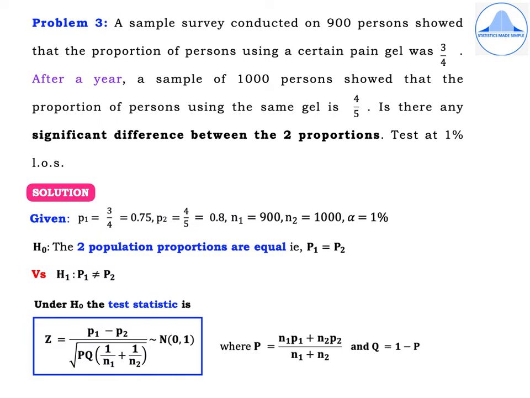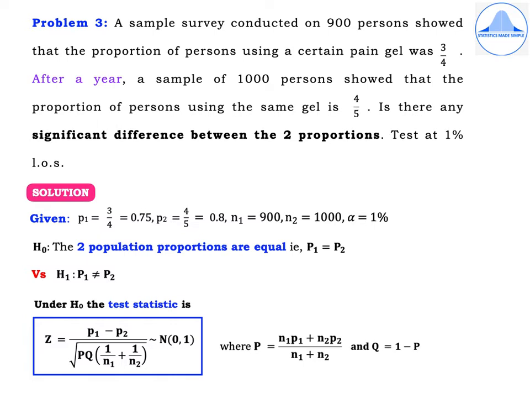Now let us read the problem carefully. A sample survey conducted on 900 persons showed that the proportion of persons using a certain paint gel was 3 by 4. So already in the first sentence you have the word sample. So under solution write given.